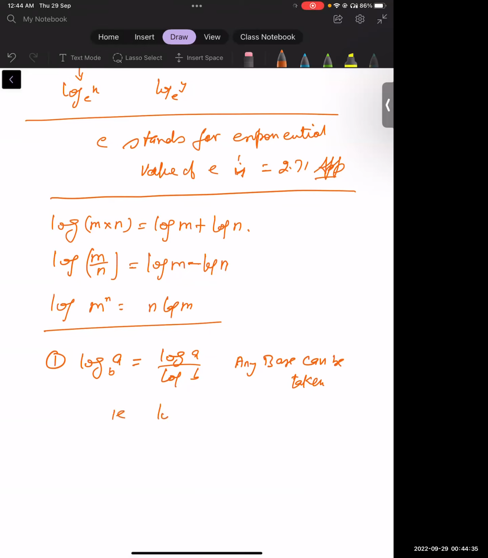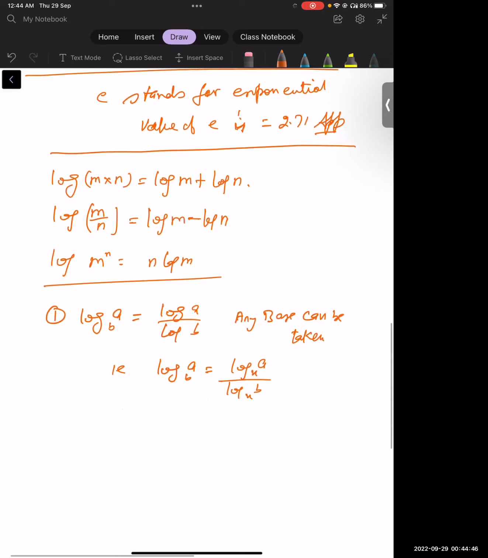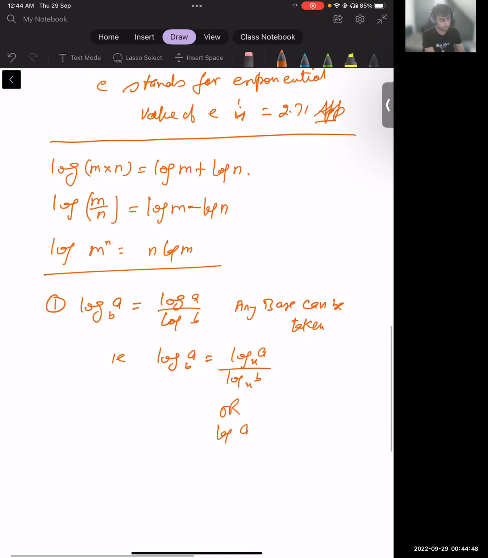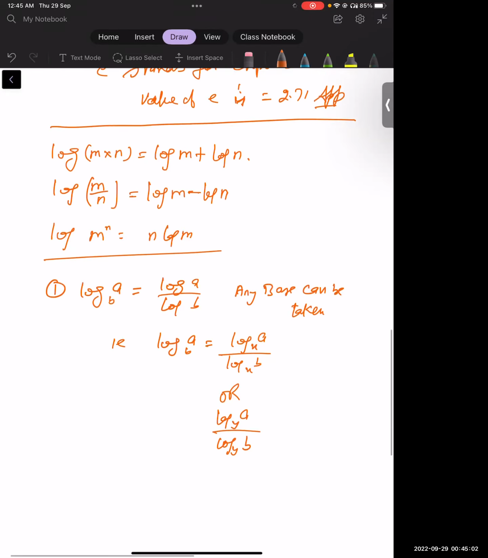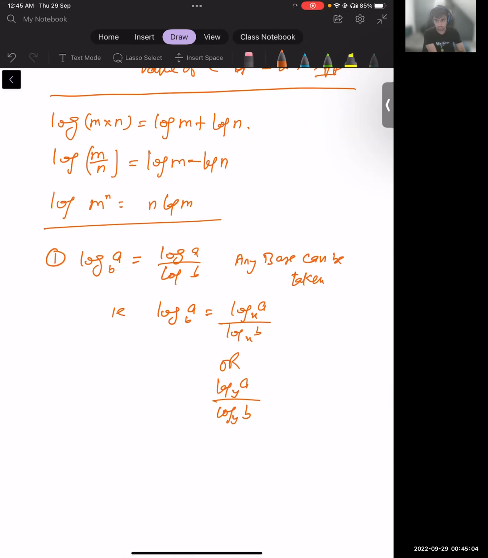That is, log a to the base b is equal to log a base x upon log b base x, or it can be log a base y upon log b base y. Any number can be taken. You see this property and you say, sir, can I take any base?